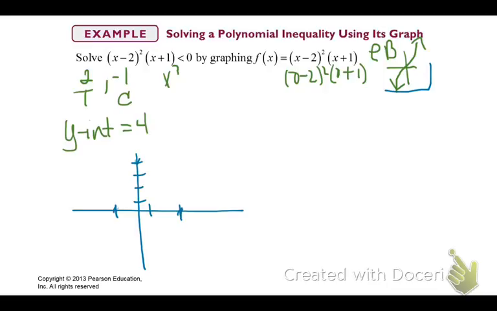So we know that at that negative 1 it is crossing. So you can kind of get a hint at what's going to be happening down here. You already know what's happening because you know the end behavior, right? So it's going down like this. And it's going to come up, and where's it going to hit? It's going to hit right there at that 4.